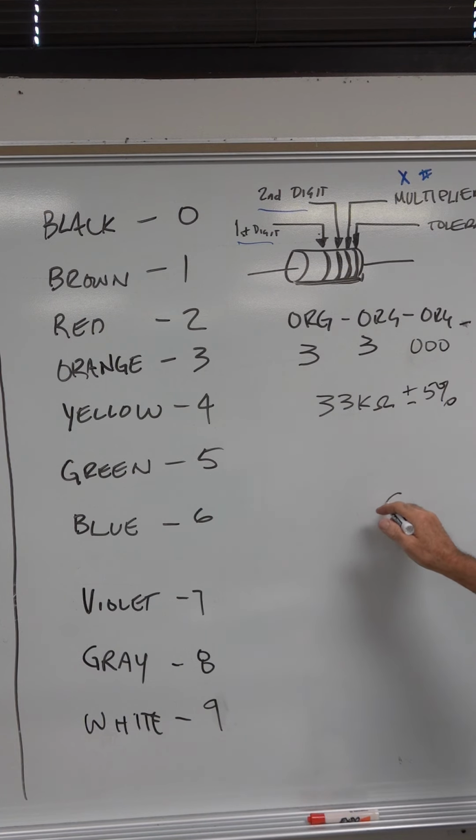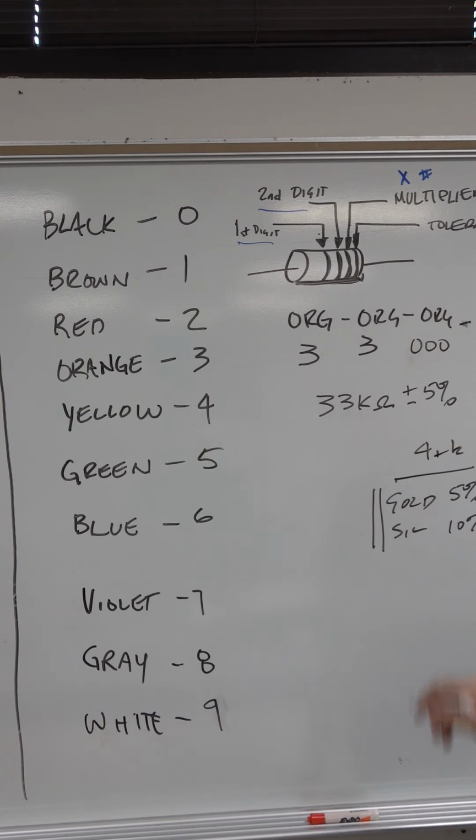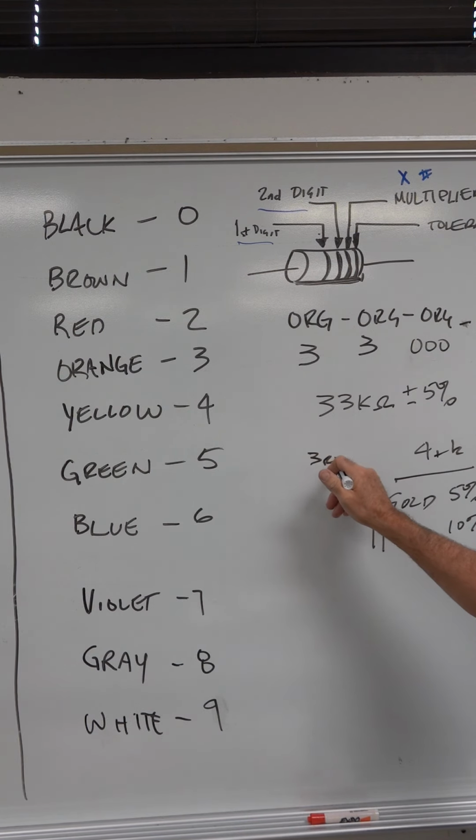So usually we deal with gold and silver for tolerance bands, and this is when it's only in the 4th band. Gold is 5% and silver is 10%. When gold or silver is in the 3rd band, it's a multiplier.